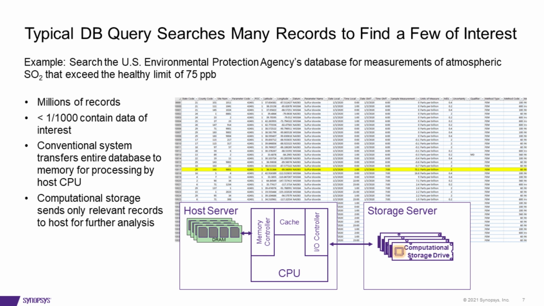Now, with a computational storage system, if we replace the solid-state drives in the storage server with computational storage drives that have processing capability built in, then the host server can send a request to the storage server to provide records of interest, and the processors within each of those computational storage drives pre-process the information, find those records that contain reports of pollutants in excess of 75 parts per billion, and return, instead of millions of records from the database, just the thousands of relevant records.